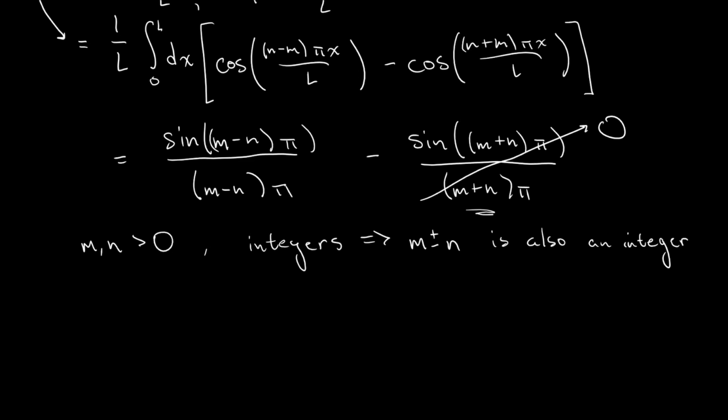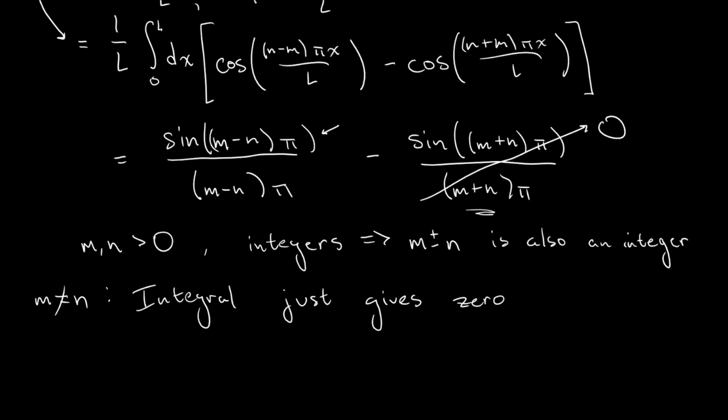Now this first term is almost always 0. Almost. Except for the one scenario where m is equal to n. So if m is not equal to n, the integral always gives 0.